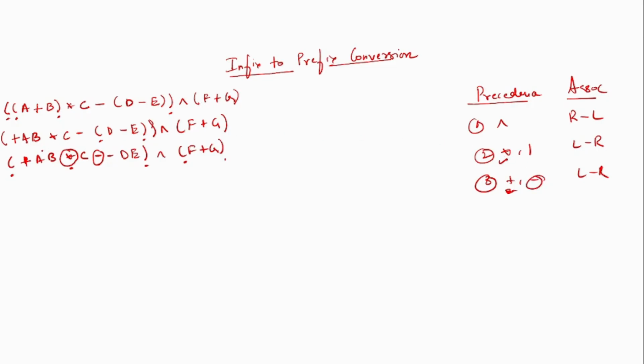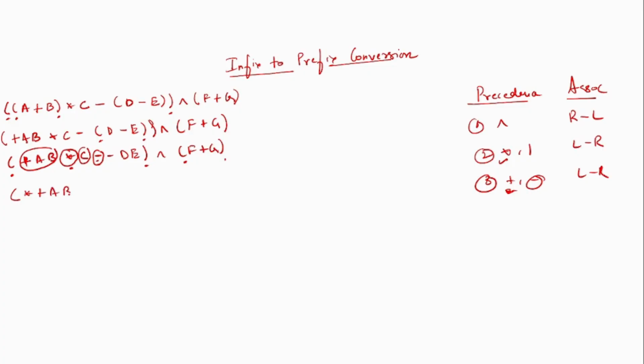So here in this expression, plus AB will be operand 1, right? And this minus is yet to be resolved, therefore C would be operand 2. So I will write like this. I will take multiplication to the left of plus, right?